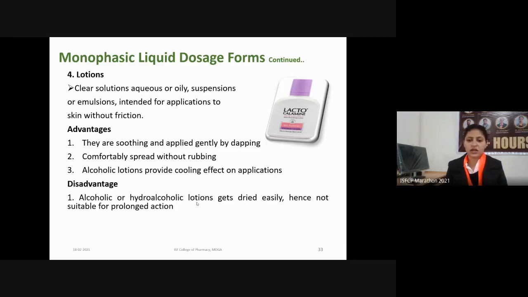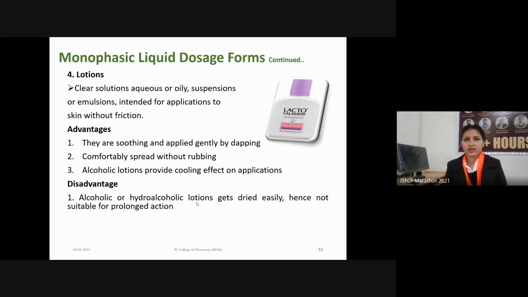Now, we will discuss the disadvantages of the lotion. The first disadvantage is that alcohol or hydroalcoholic lotions get dried easily and hence are not suitable for prolonged action.